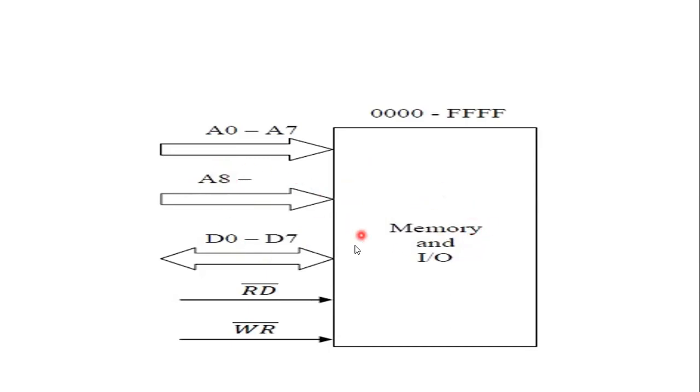So memory and I/O use the read and write signals. If it is I/O, I/O read means it reads from the I/O devices, and I/O write means it writes to the I/O device.